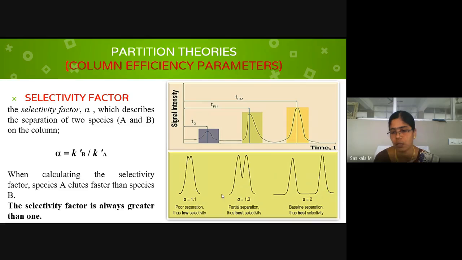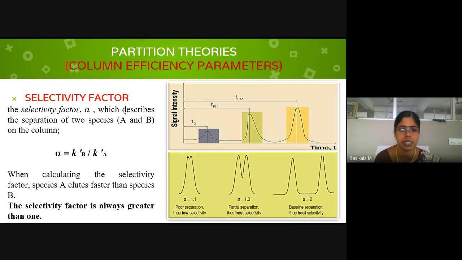Mostly it should always be greater than 1, but if alpha is 2, then it will give complete baseline separation of two molecules. This is the ideal separation, and it is defined by the factor alpha. Alpha is nothing but the selectivity factor. It is denoted by the symbol alpha, which describes the separation of two species.